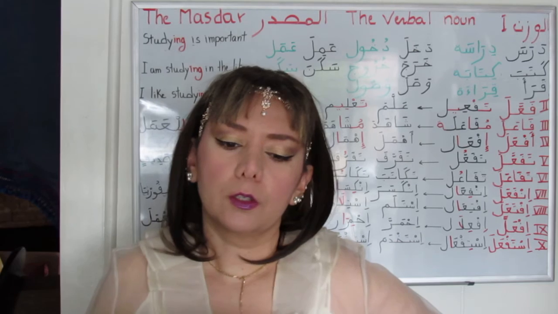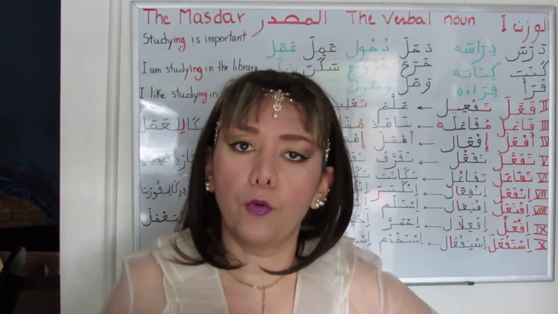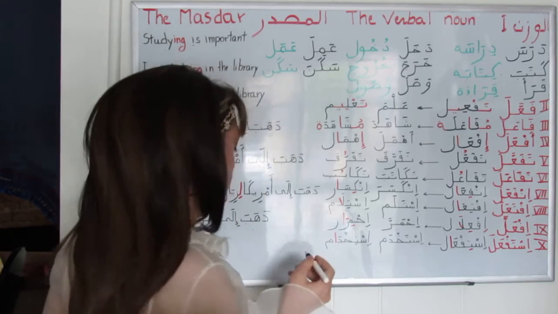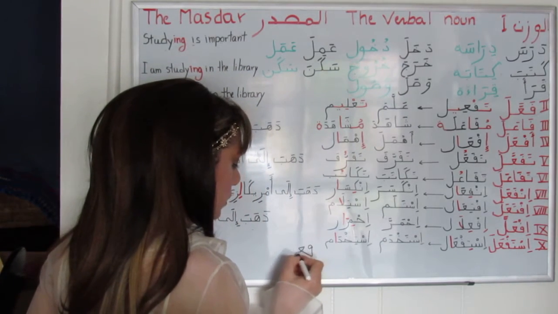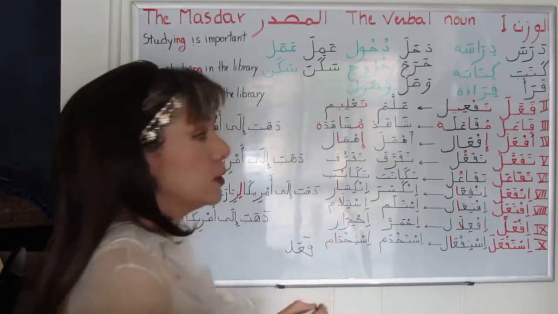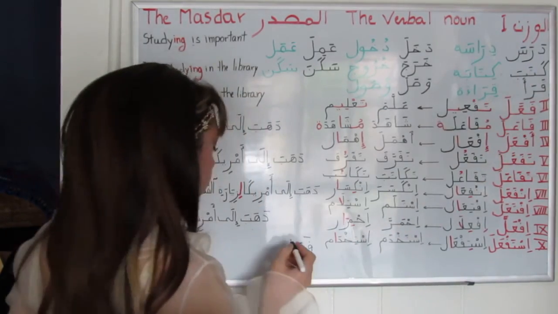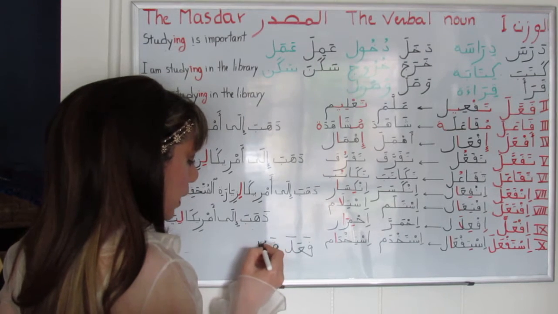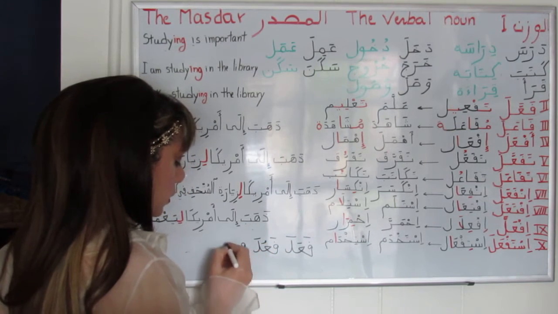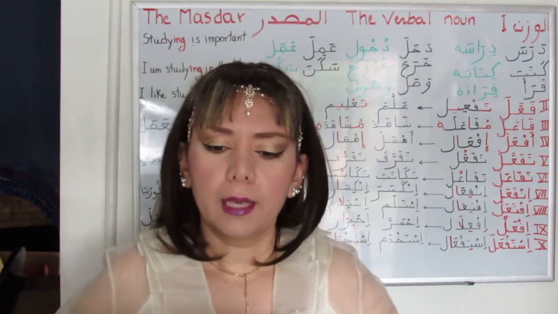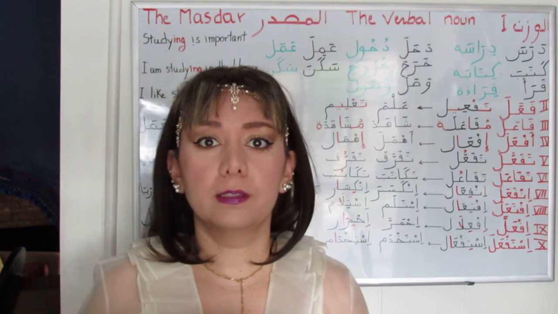So, the verbal nouns of form 1 verbs, as you remember, فعل, so form 1, الوزن الأول, فعل or فاعل, come in many different patterns.